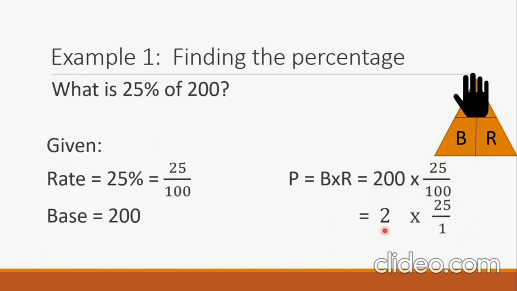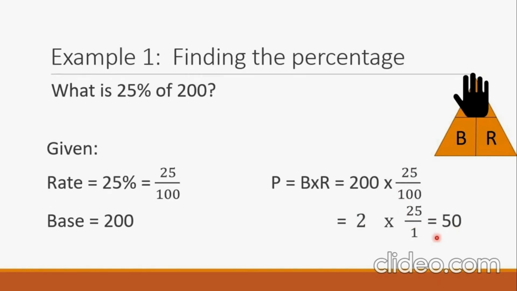So the problem now becomes 2 times 25 over 1. So we just multiply the 2 and the 25. It gives us 50 over 1. And the denominator 1, we will not copy anymore. So this is our answer. This is 50. It means 25% of 200 is 50.